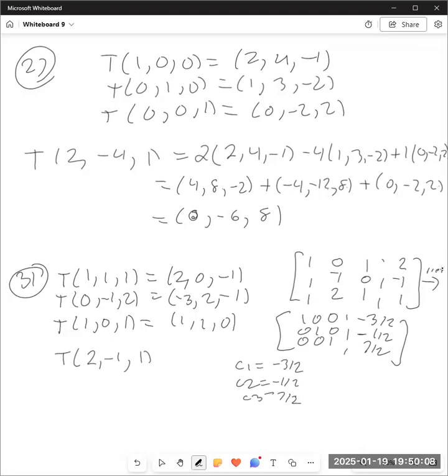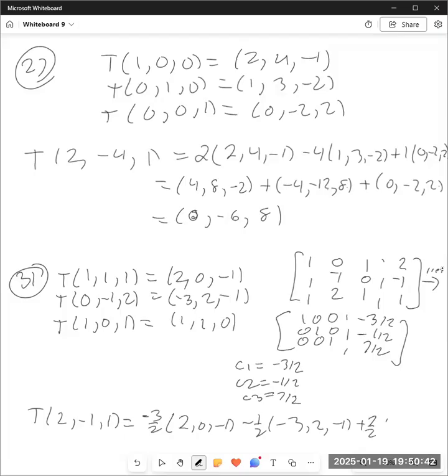So I'm going to take T of [2, -1, 1], which is going to be equal to -3/2 times [2, 0, -1], minus 1/2 times [-3, 2, -1], plus 7/2 times [1, 1, 0].